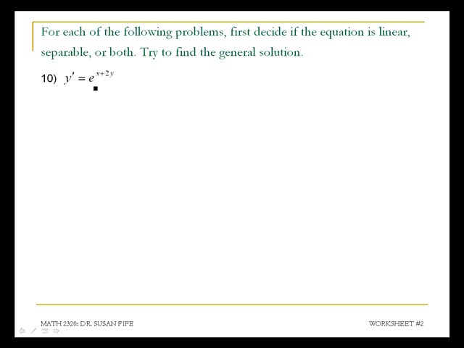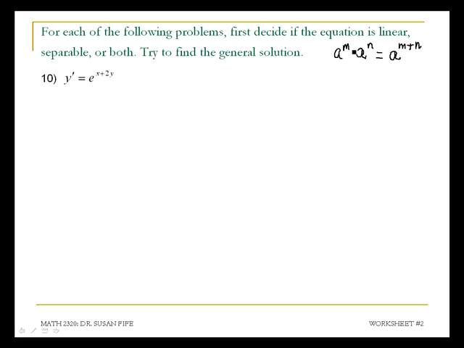It's separable if it's possible to write this right side as a product. And it is, if you remember the rule for exponents. I'll write it up here. Remember that if you have some number raised to a power times that same number raised to another power, you can multiply these two numbers together, and because the bases are the same, you can add the exponents.